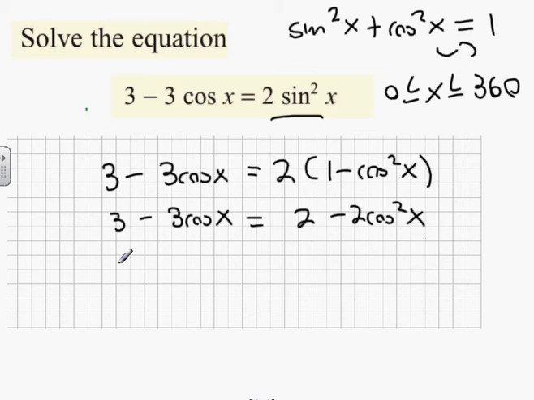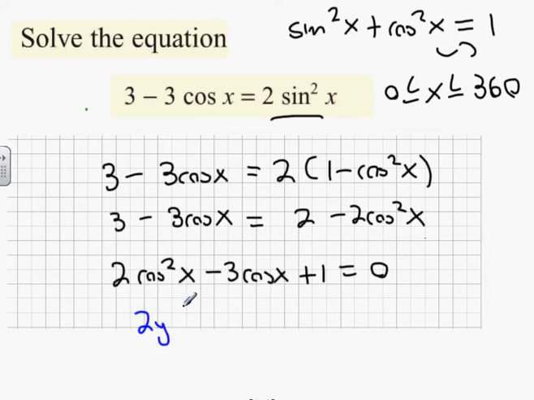Now we're going to move it over to one side and we get 2 cos squared x minus 3 cos x, 3 minus 2 is plus 1, equals 0. Now this is a quadratic equation. In the same way you could write it as 2y squared minus 3y plus 1, where y equals cos x.